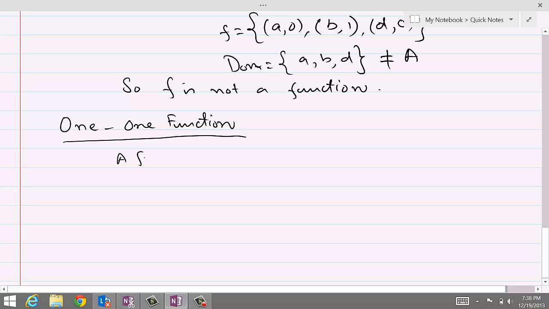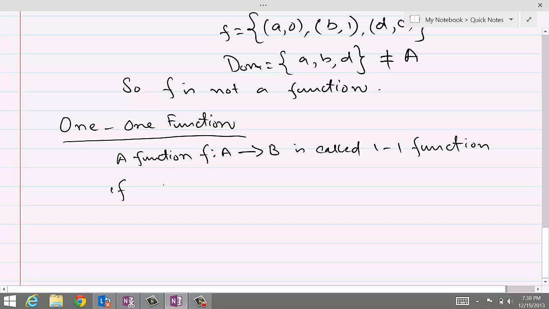A function f from A to B is called a one-one function if all the elements in the range are distinct.